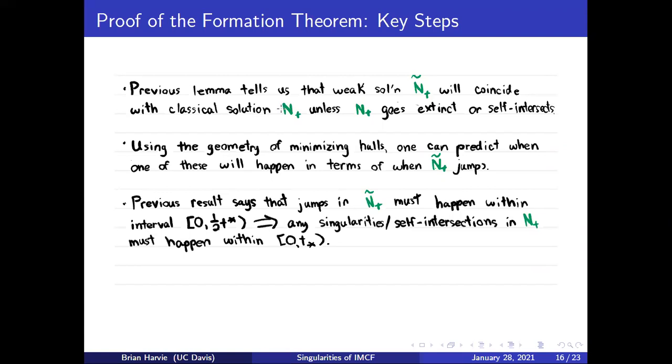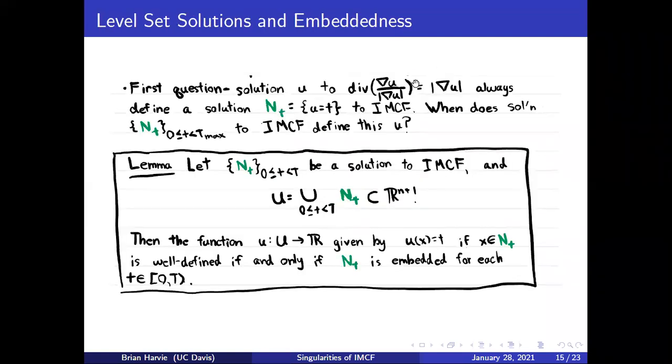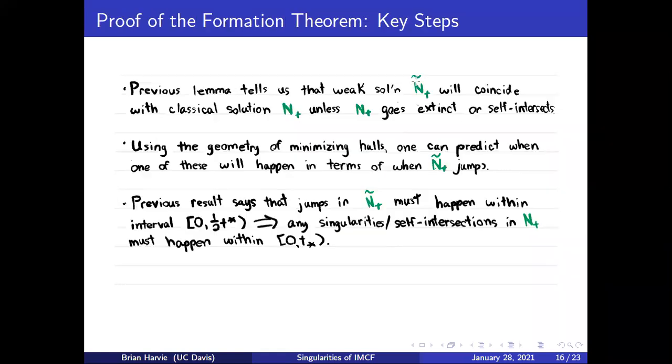Because if you have a classical solution that exists for all time and is embedded, it will define a u over R^(n+1) minus E naught that solves this problem. So then by uniqueness, it's the only variational solution over the set. So the source of jumps in N tilde of t will always be either extinction in finite time or self-intersection.